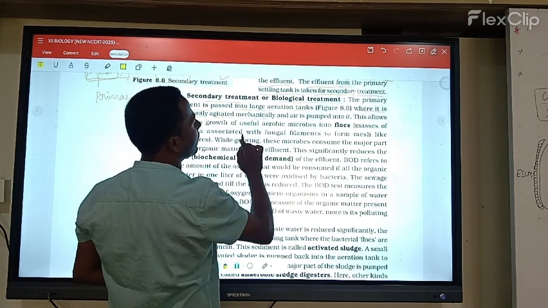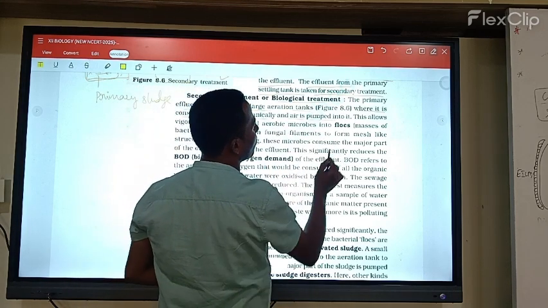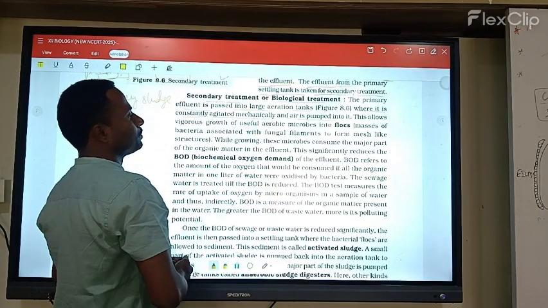where it is constantly agitated mechanically or air is pumped into it.